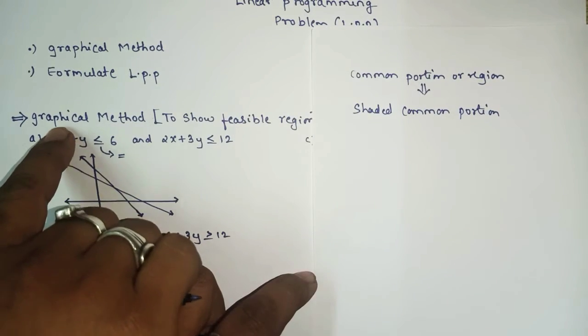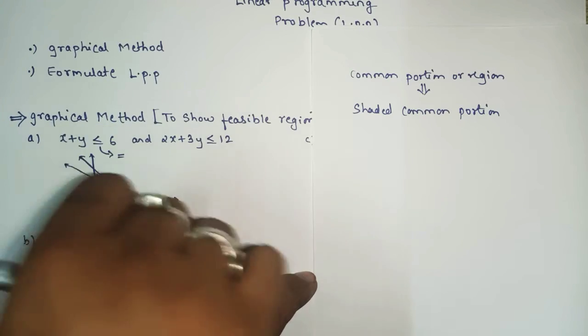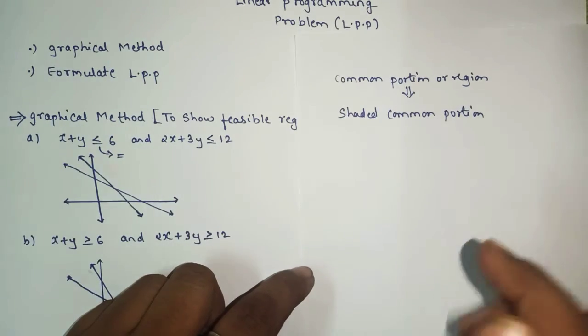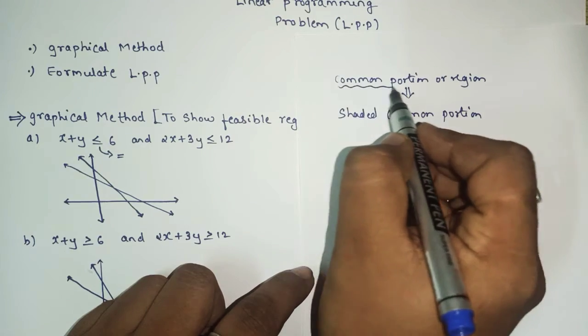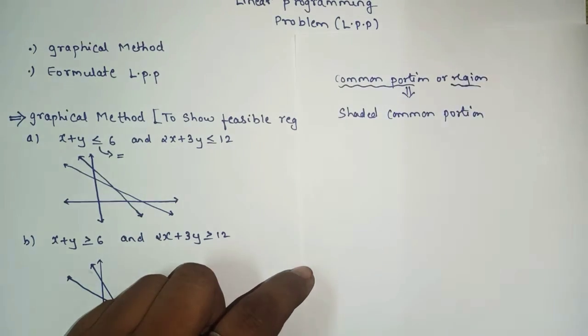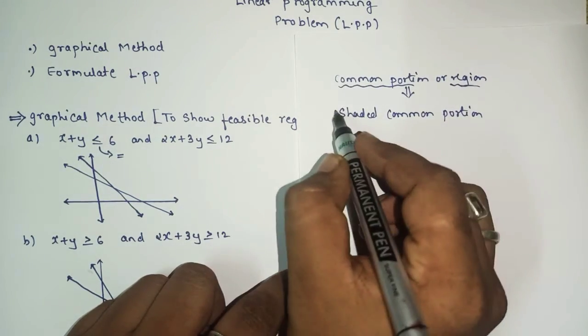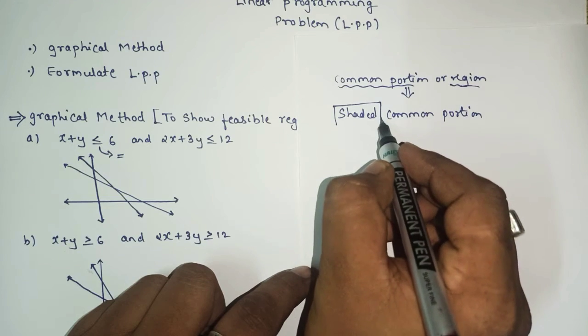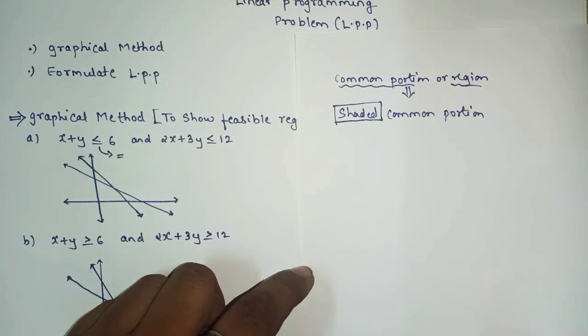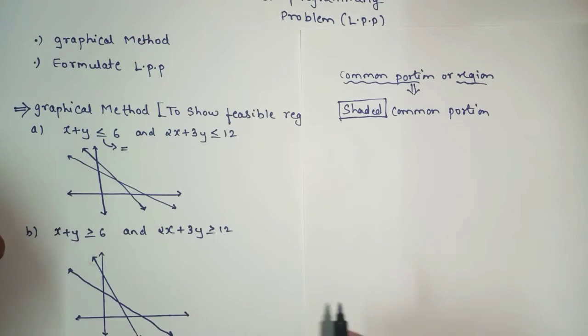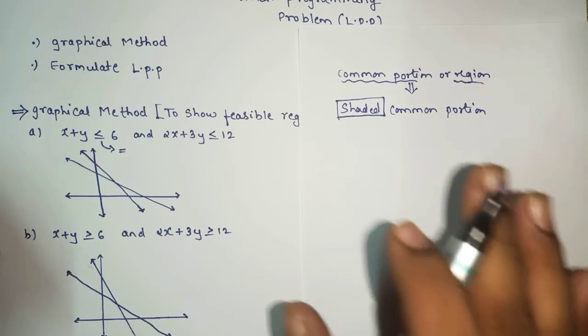So basically in the graphical method you have to show some common portion or common region. In simple language, feasible means you have to draw a shaded region. Exactly where we have to draw the shaded region is the important point.